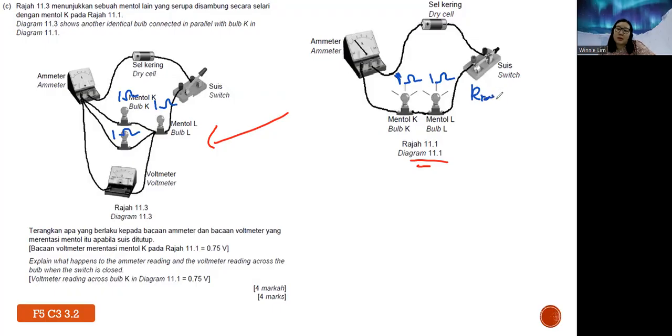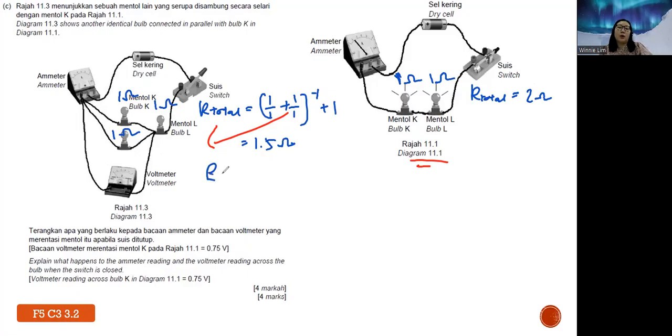The effective resistance, easy, right? Series just plus, so 2 ohm. But then in this case, if I want to find the R total, you need to find the parallel one first, right? 1 over 1 plus 1 over 1, then inverse, okay? Then you will have plus 1 also. You will have 1.5 ohm, agree? So you see, the resistance throughout the whole circuit becomes lower.